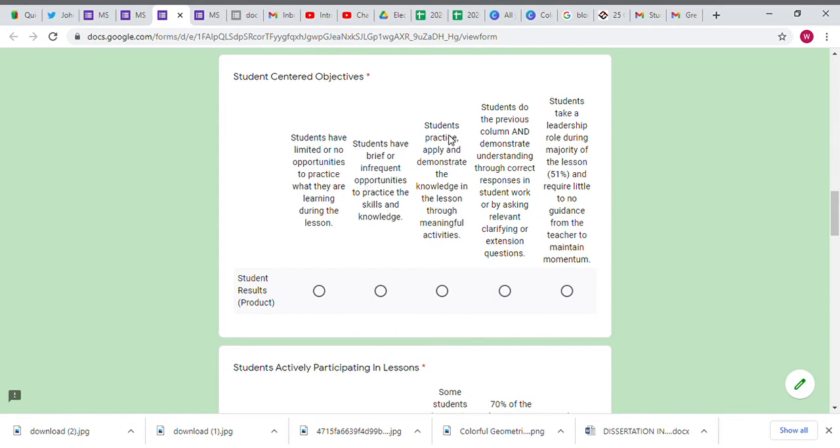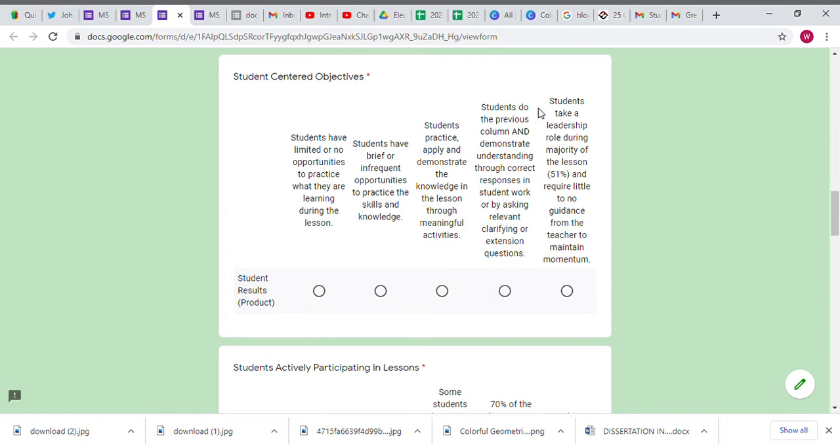The next one is students practice, apply, and demonstrate the knowledge in the lesson through meaningful activities, which is actually your goal. And then you have students do the previous column. So this is really good. And they also demonstrate understanding through correct responses in student work or by asking relevant, clarifying questions. Now this number five is the fifth one again, and this is where we talk about going to ideally.